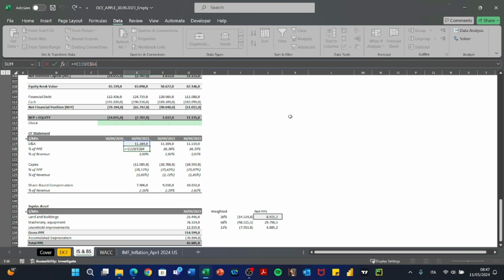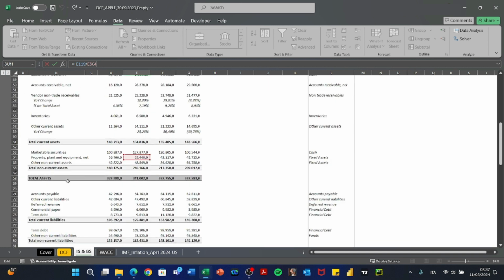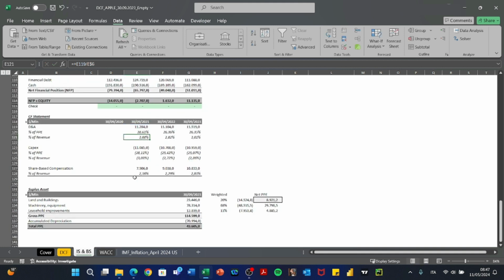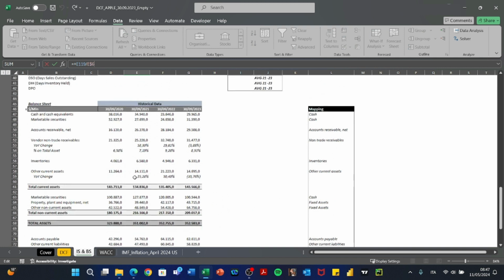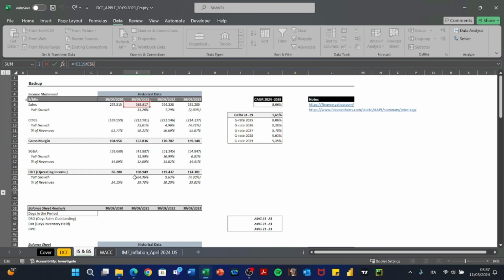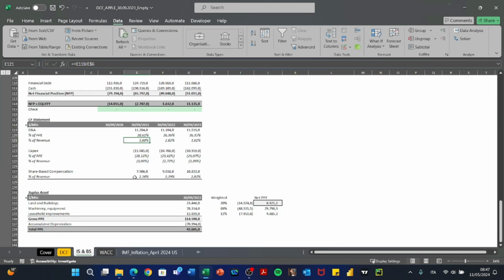I've decided to compute the incidence of the D&A over the property, plant, and equipment, and the incidence over the revenues. I've noticed that the incidence over the revenues of our D&As between the period 21-23 is quite steady. The average is 2.97.